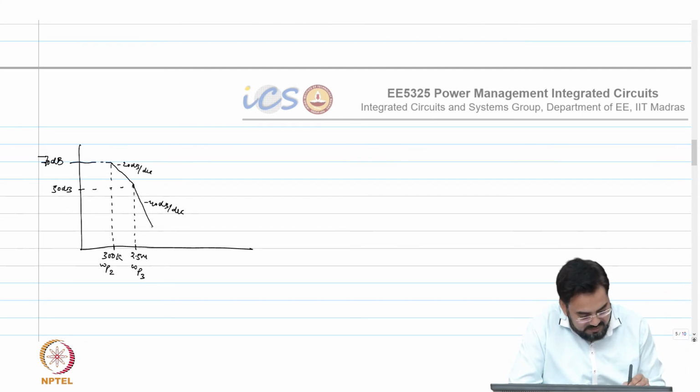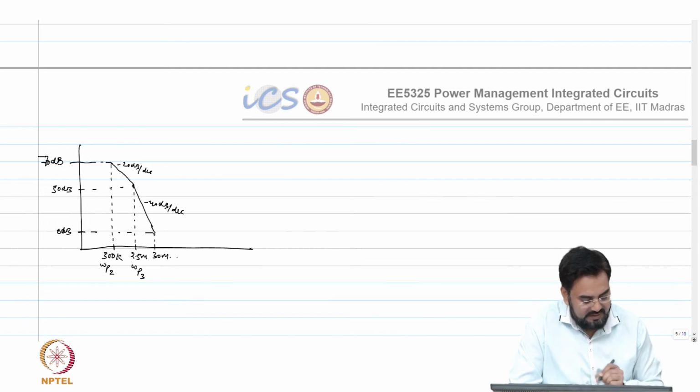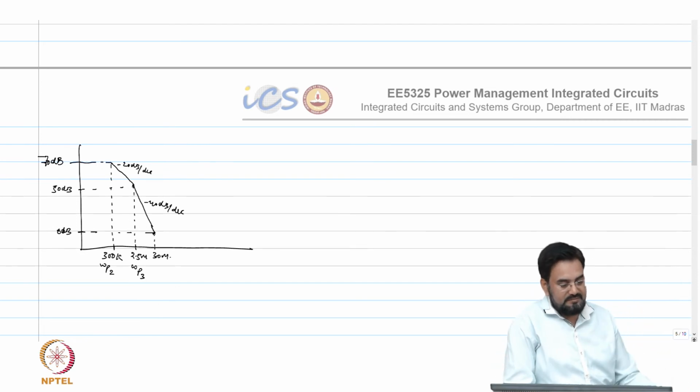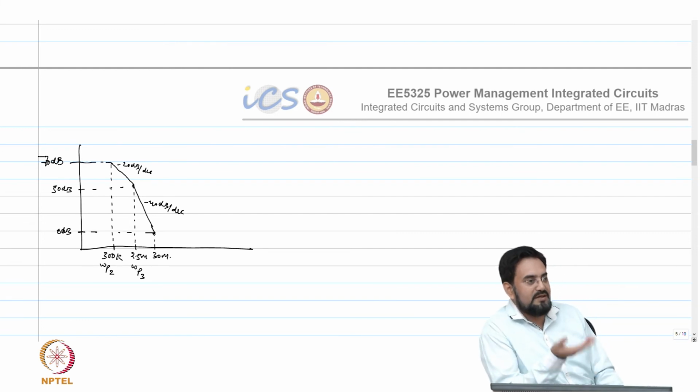Okay. So let's say 0 dB here, and here 30 mega. So what will be the phase here? Again, phase margin is very low, huh?